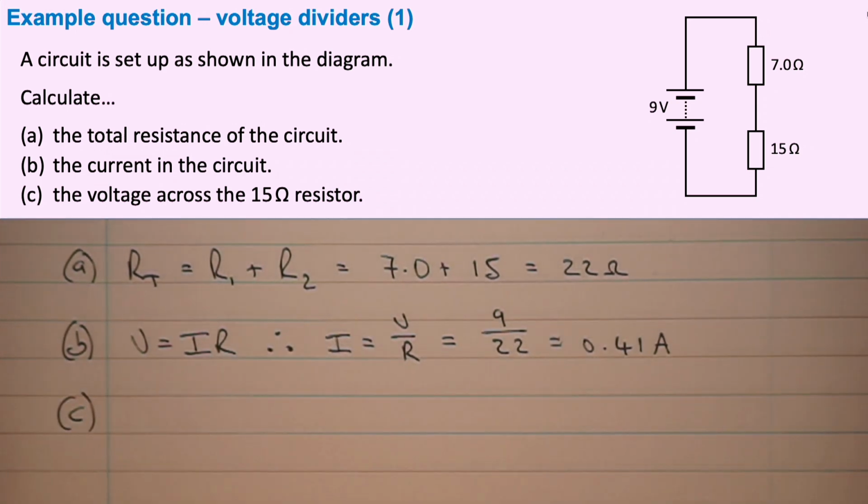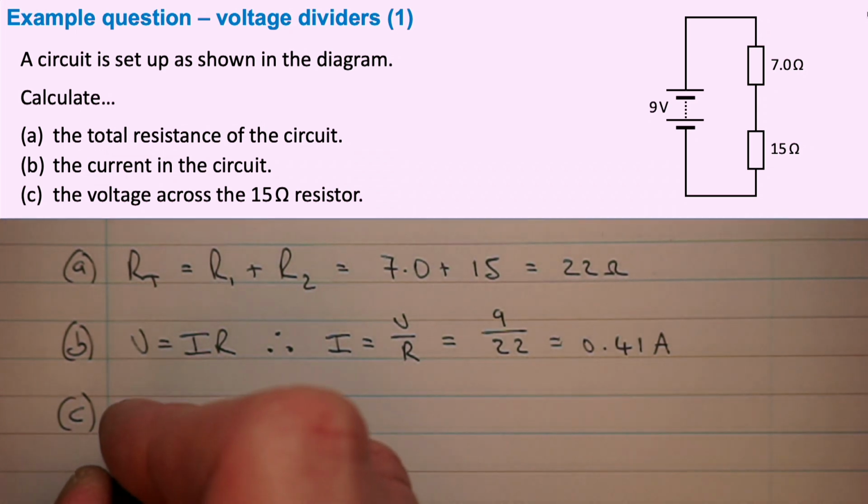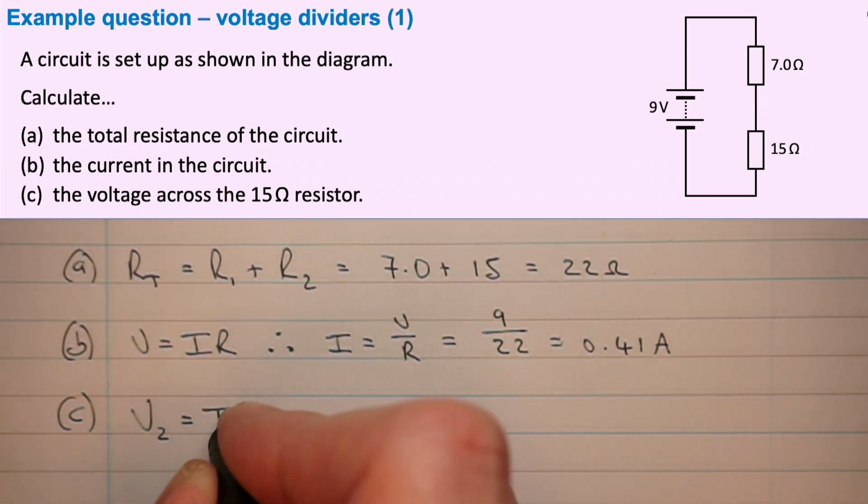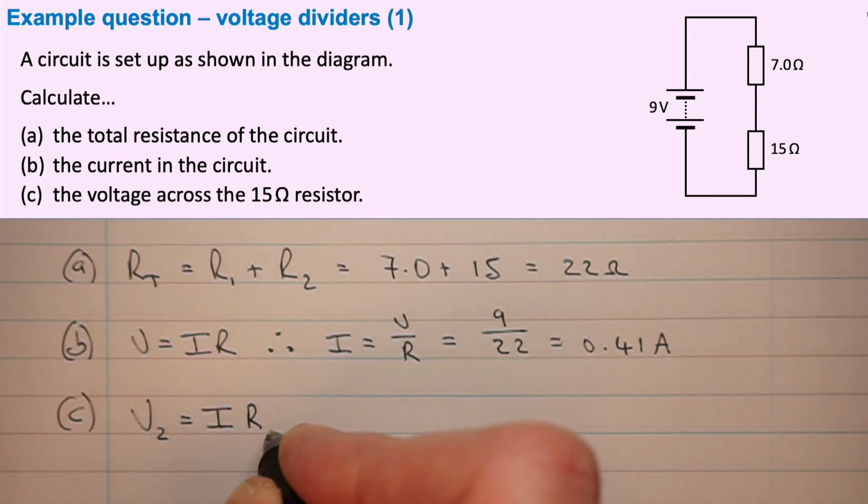Part C. Now the voltage across the 15 ohm resistor. We're going to call the top resistor, the 7 ohm resistor, R1, and we'll call the 15 ohm resistor at the bottom R2. So the voltage that I want to find is the voltage across the bottom resistor, which I'm calling V2. And V2 is equal to the current times the resistance of the bottom resistor.